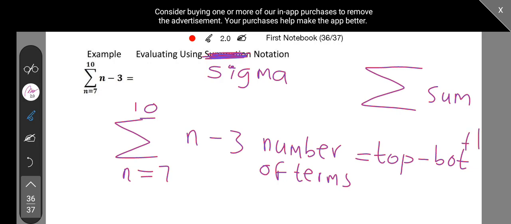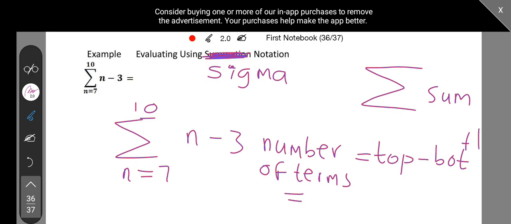Okay, what do I mean here? To find the number of terms in this sigma notation, I'm going to say that the number at the top, which is 10, minus the number below, which is 7, and then I add 1. This will tell me how many terms there are in the series.